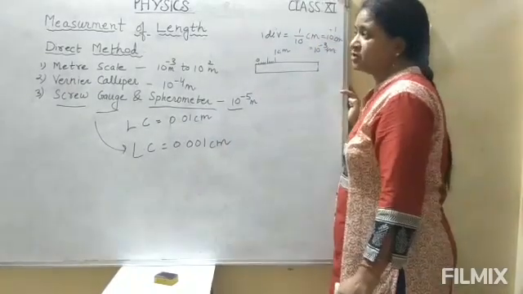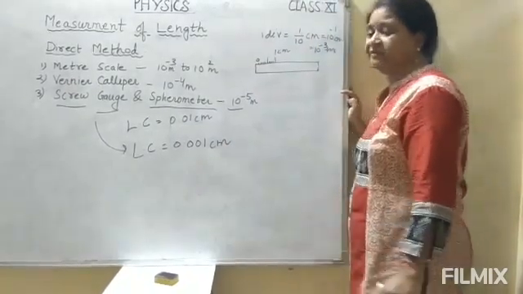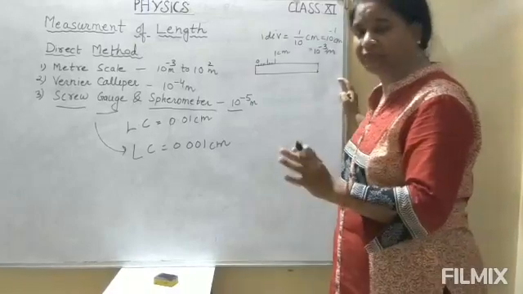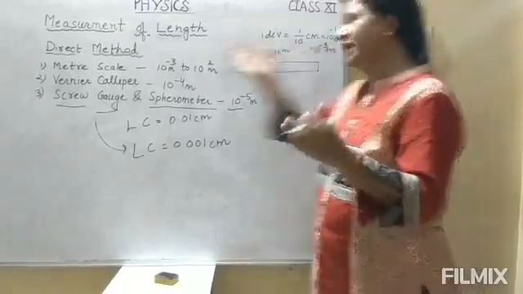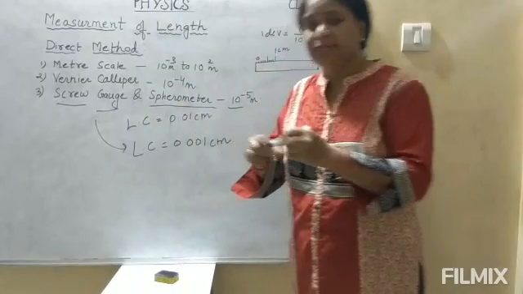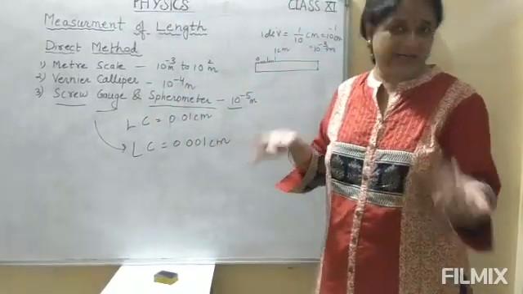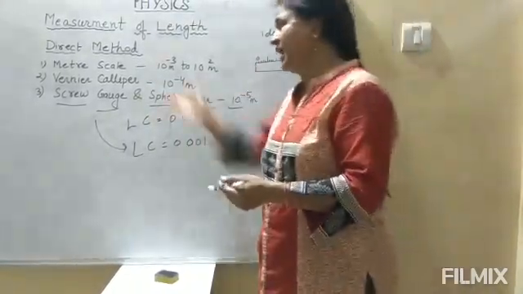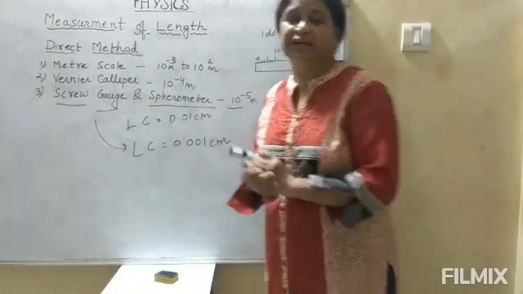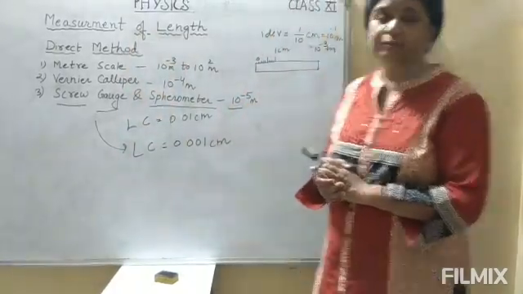Through these instruments, we can measure the length of an object by the direct method. Direct means we can measure the length of an object directly. So these methods are all called direct methods. Understood?